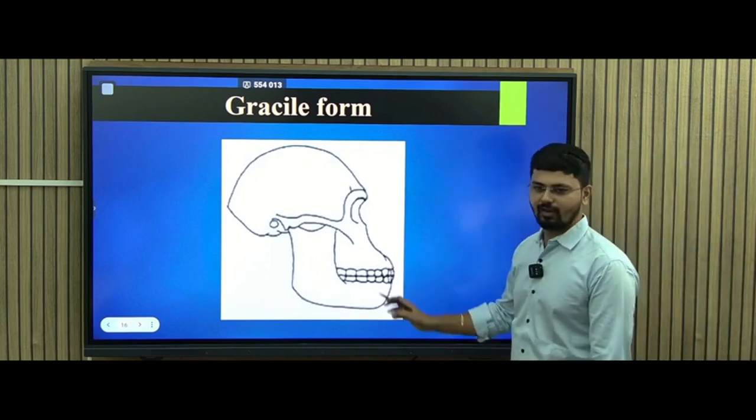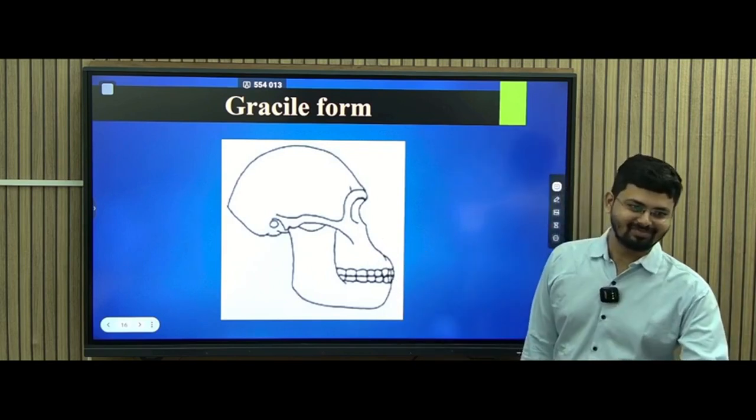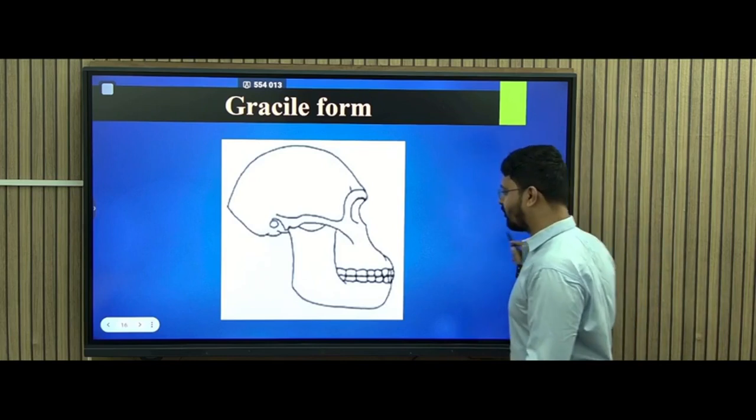Say this is the gracile form and prognathus. So you should draw the diagram. It's very simple to draw the diagram.